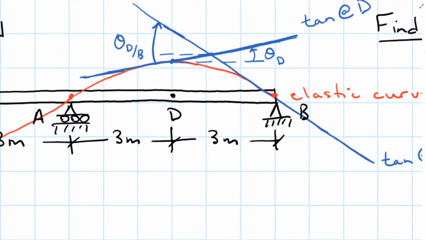Zooming in here, we have parallel lines. Remember with the parallel line rule that this little tiny angle here is equal to this tiny little angle here, which is theta D. So this is theta D. And this angle right here is theta B, which we can find just like we did with the last example with right triangles.